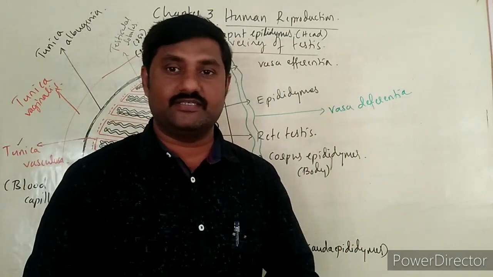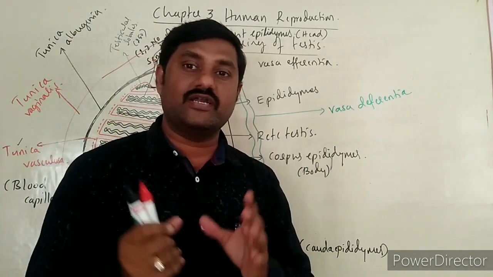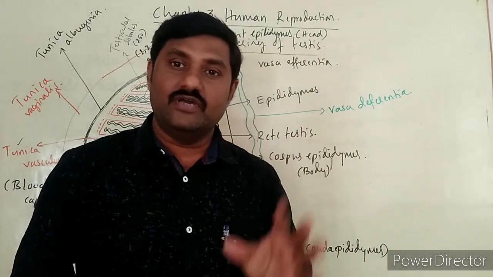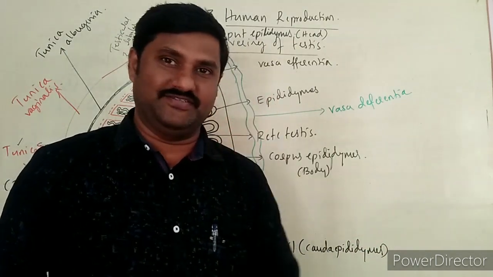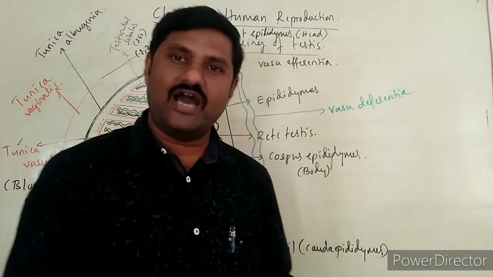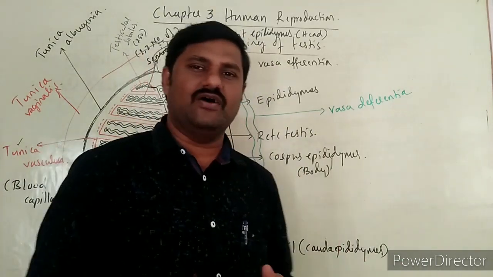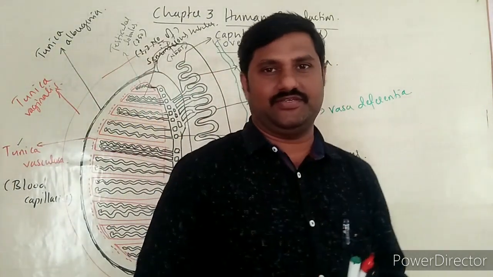Spermatic cord passes. And what does the spermatic cord consist of? The spermatic cord consists of one nerve, one artery, one vein, as well as the vas deferens. In the last video I have mentioned this, right? I hope it is very clear to you now, how the connections will be there in each testis.